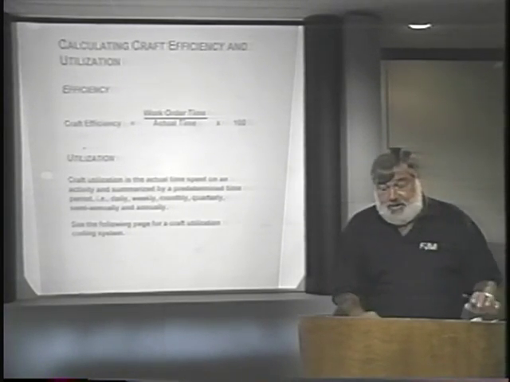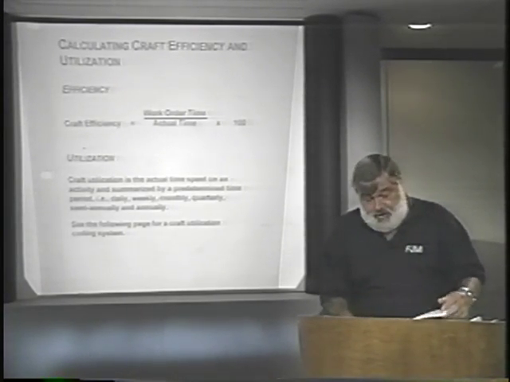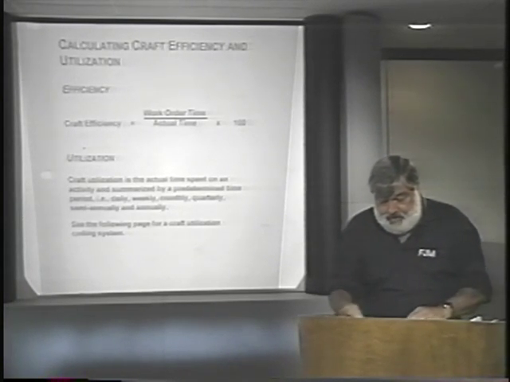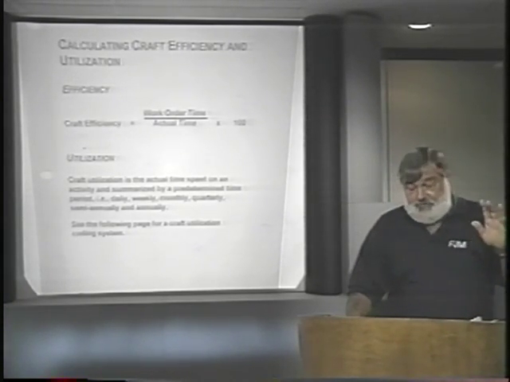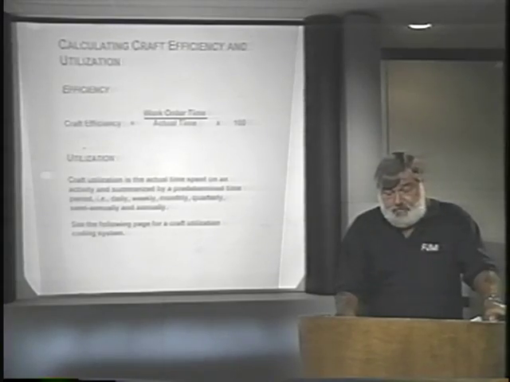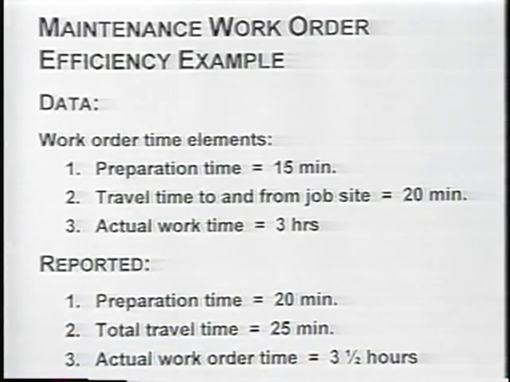Okay? Now, the following page, page number 5, is an illustration of developing the efficiency for a particular example. The time elements, as on the work order, are indicated at the top portion of page 5.